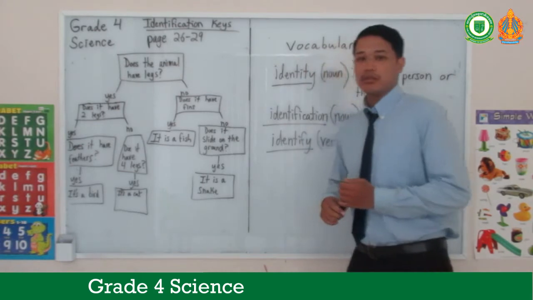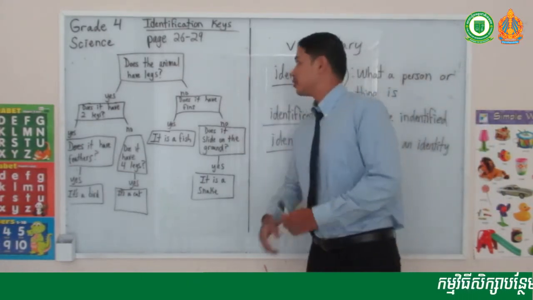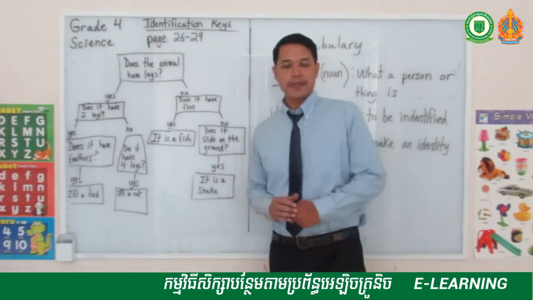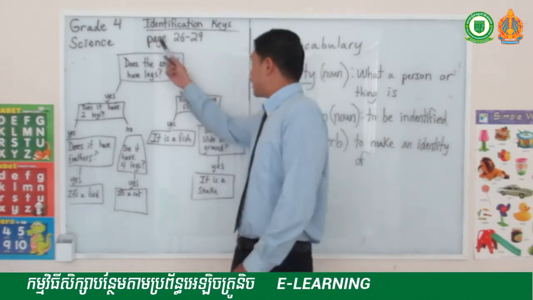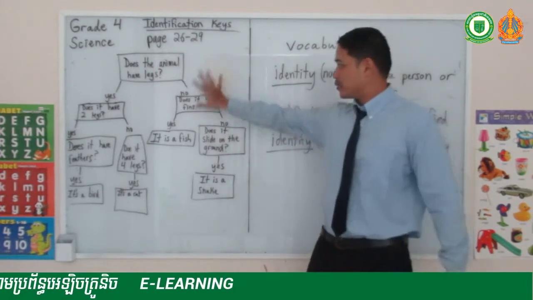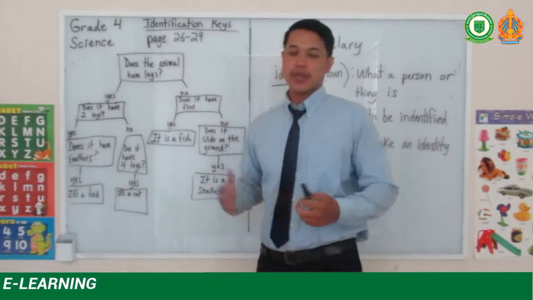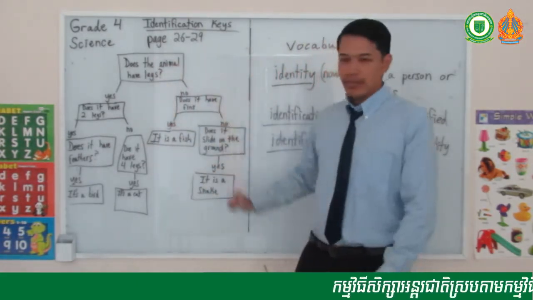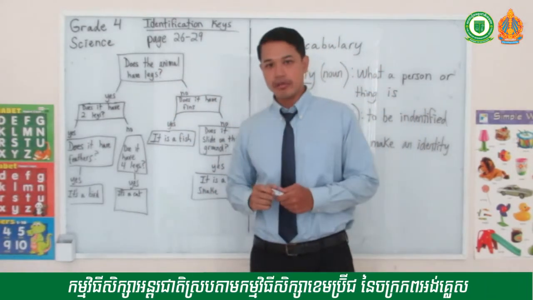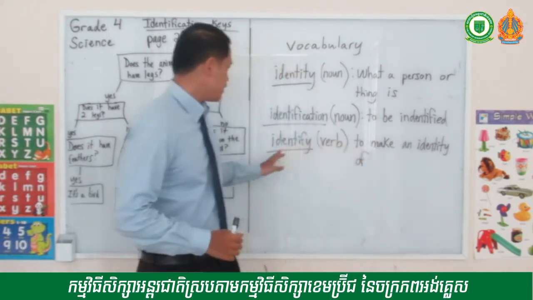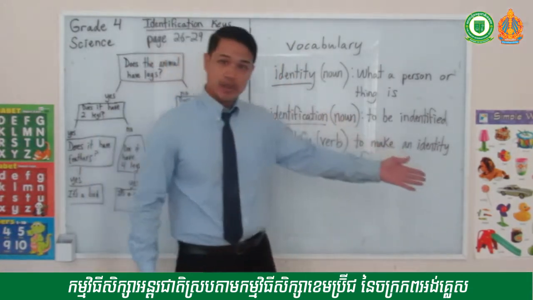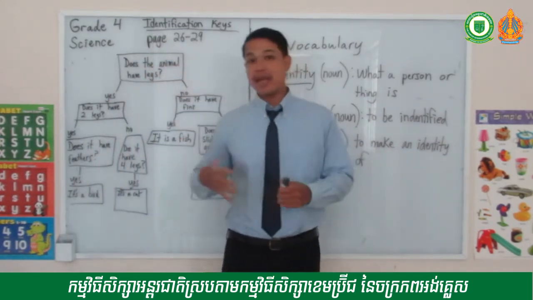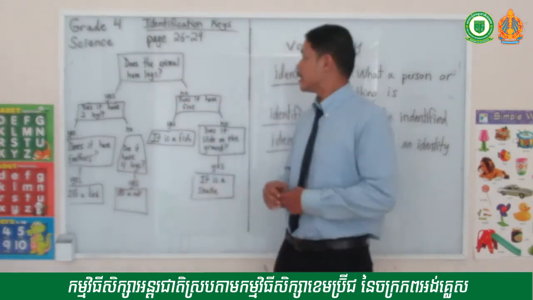Now we will move on to identification keys. So what is an identification key? An identification key will look something like this. It is a tool that scientists use to identify animals, people, bacteria, viruses, anything.